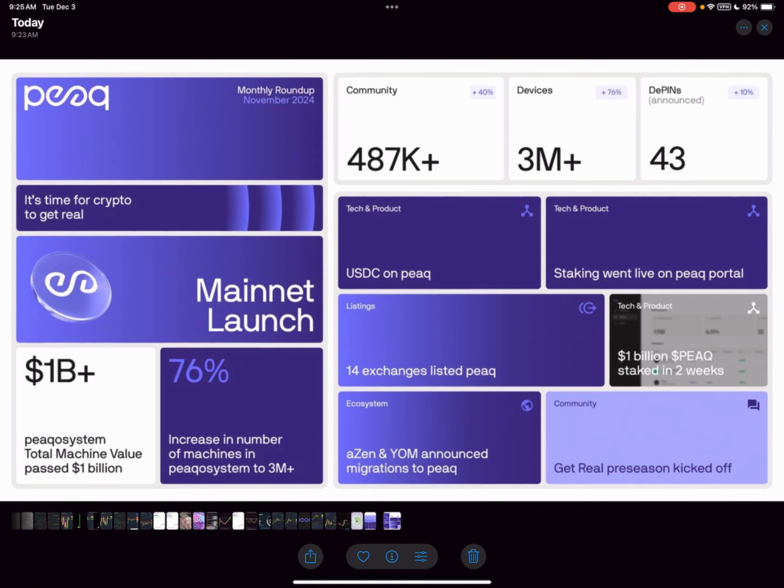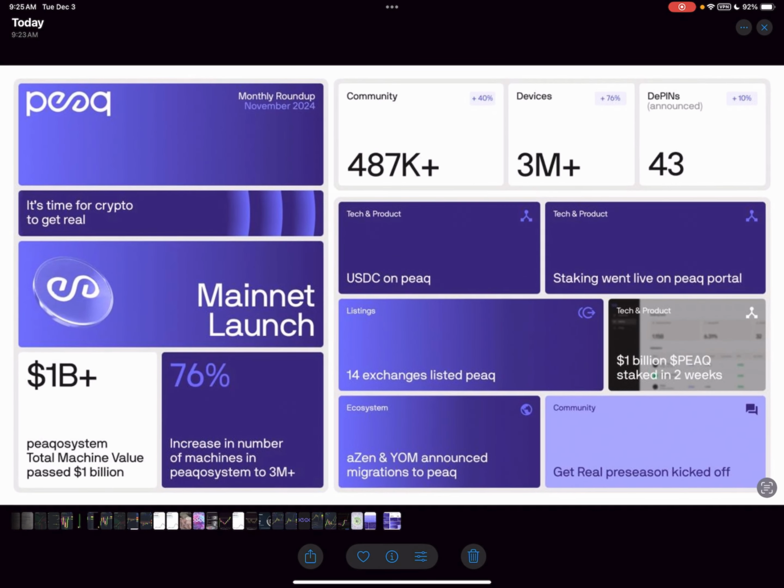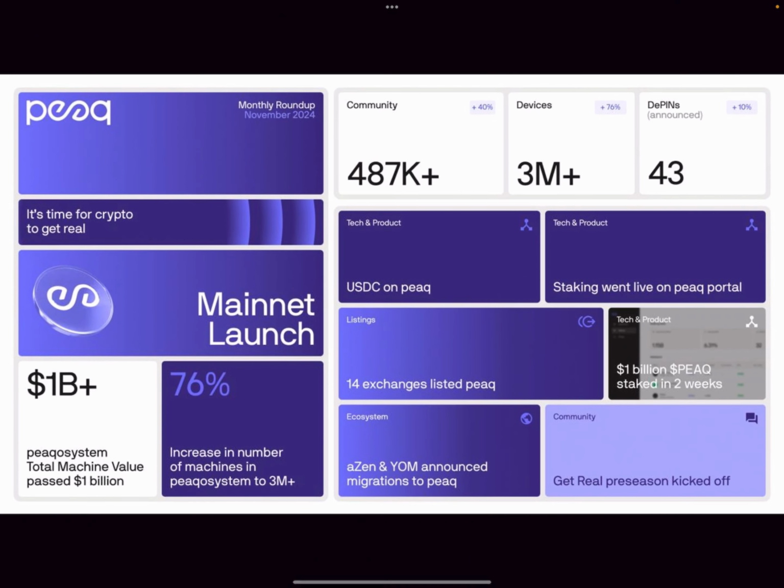Now look at this. Tech and product. USDC is on Peaq, on chain, only 3 weeks, 3 weeks after launch of mainnet. There are blockchains in the top 10 that have been in crypto for the past 7 years and haven't gotten USDC support. This kind of backing is what lets me understand that Binance and Coinbase support is not too far off.